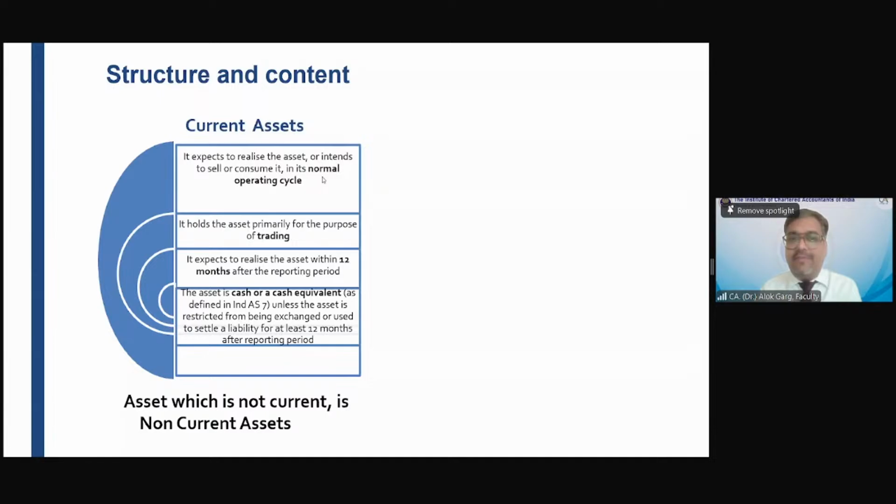If the entity expects to realize the asset or intends to sell or consume it within the normal operating cycle, then it is qualified as a current asset. The operating cycle is 19 months here, so if the asset will be received within 19 months, it will be qualified as a current asset, otherwise non-current asset. Now let's complete the question.